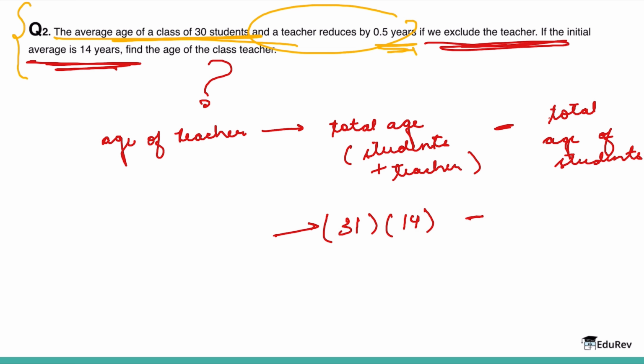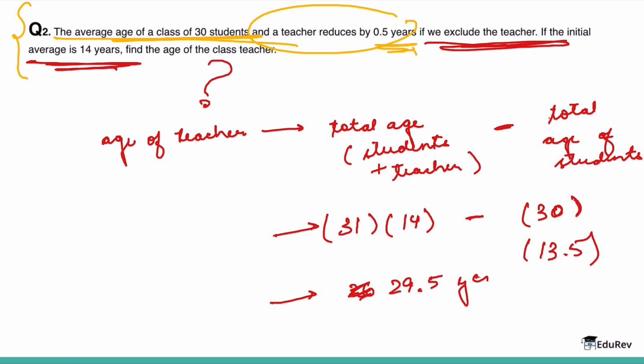Subtracting the total age of students, which is 30 multiplied by 13.5. And when I solve, it's going to be 29 point something. 29.5 years is the answer. So this is what the answer is.